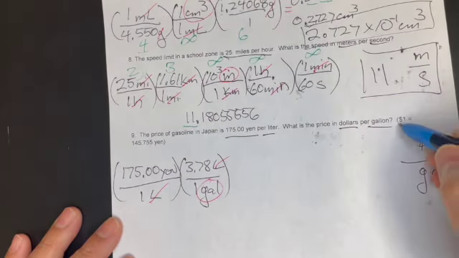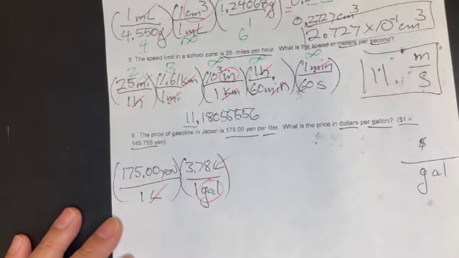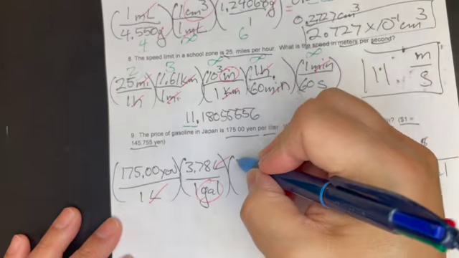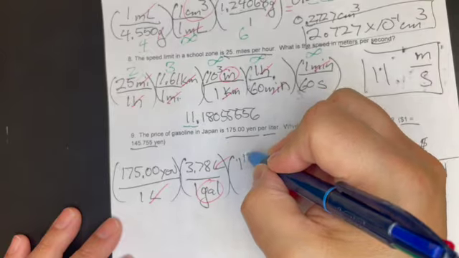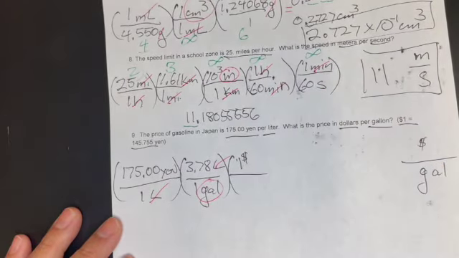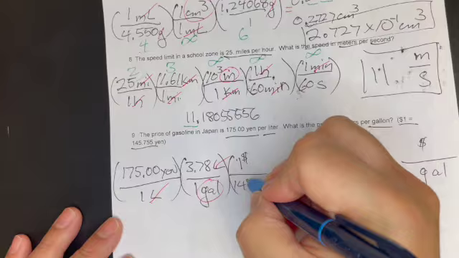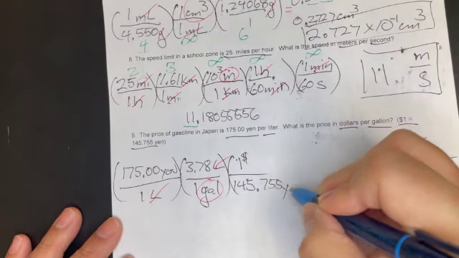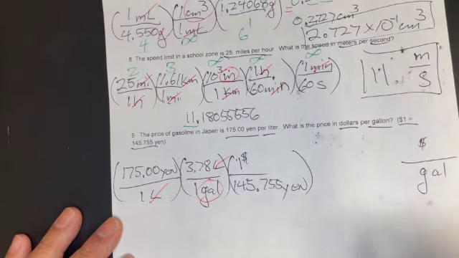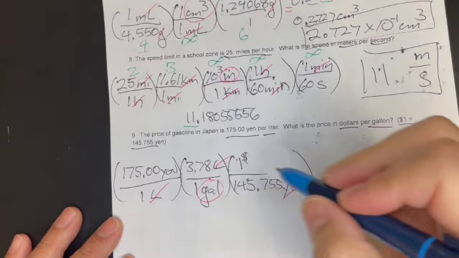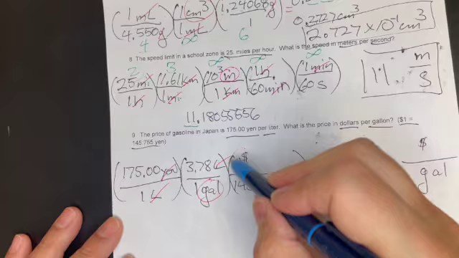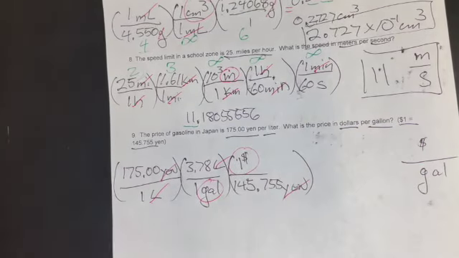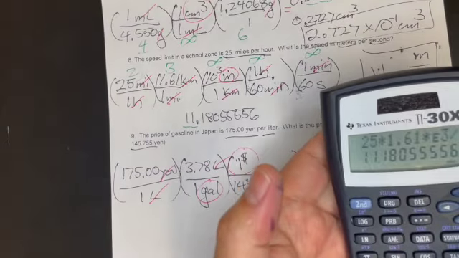Luckily, we have a conversion factor of $1 is equivalent to 145.755 yen. The yen cancels out. We have dollars left over. Great. We got dollars and gallons, dollars and gallons. That's exactly what we're looking for.